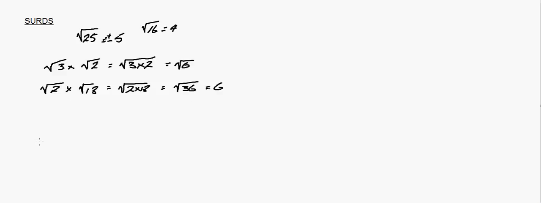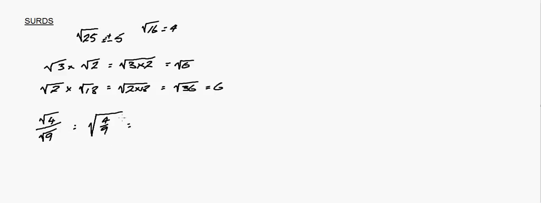So this is quite simple. Now another rule that we have is that we can have a root as a fraction. So we can have root 4 over root 9. Now this is the same as the root of 4 over 9.